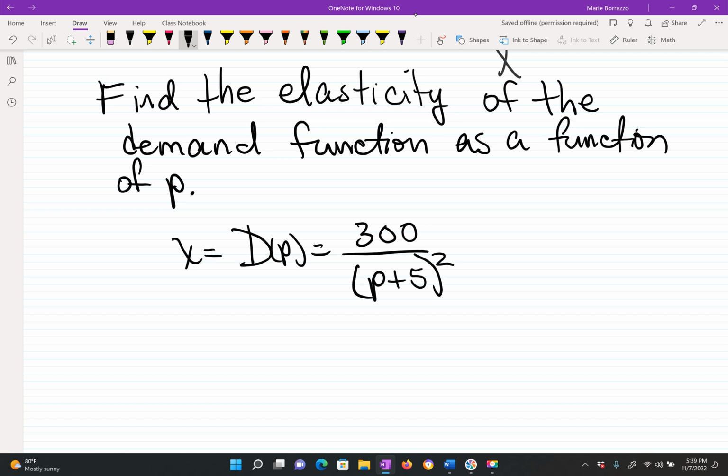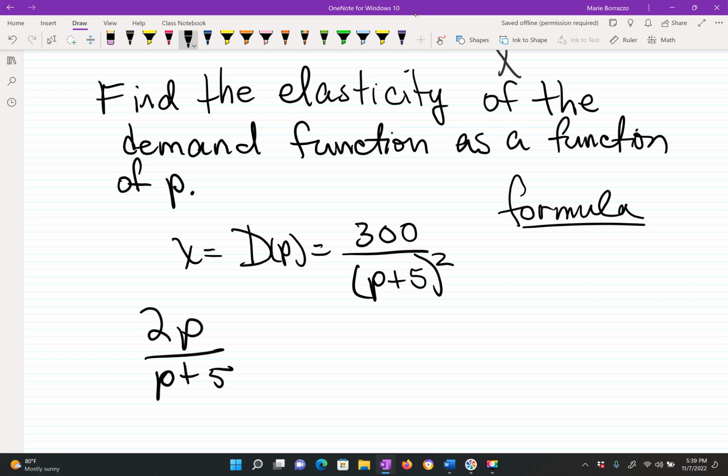For this one, you would need to know the formula, and you should get 2p over p plus 5. I could give you this question after this one, but let me give you a minute to find your formulas.